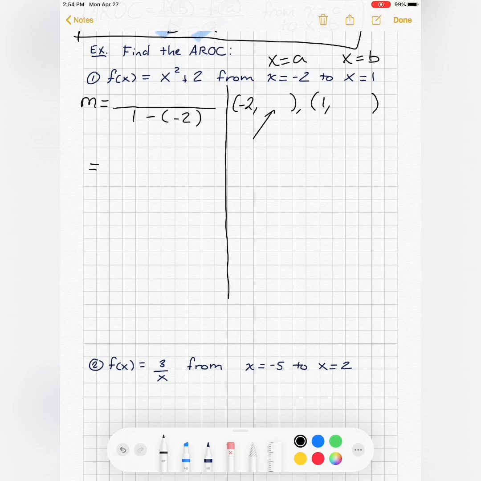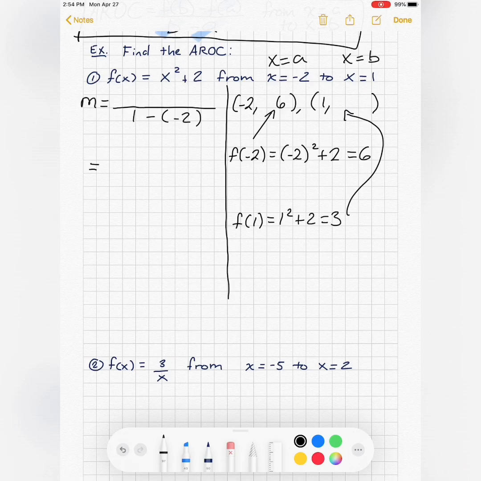So let me see. What is f of -2? It's -2 squared plus 2, is 4 plus 2 is 6. And then this one, this is f of 1, so 3. Okay, and then look, here's my setup for my average rate of change.